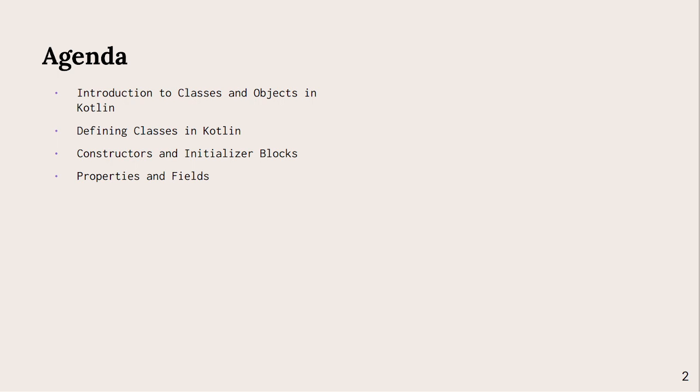The final part is about the properties and fields. This subtopic talks about the members, especially the properties, the data members inside a class. And in Kotlin, we enforce the accessors and mutators. So there are some additional concepts to learn.